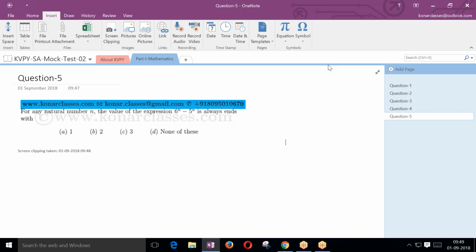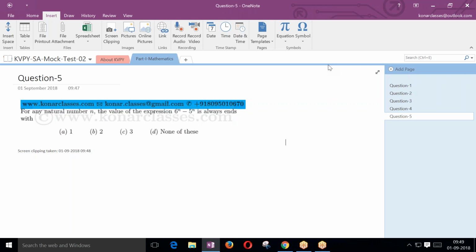So the question is that for any natural number n, the value of 6 power n minus 5 power n always ends with what? That is the question. If you look into it, this is very fundamental about the number system. There are numbers like 6 square. What is the unit digit of 6 square? It is 6.